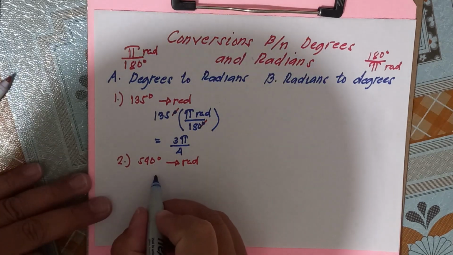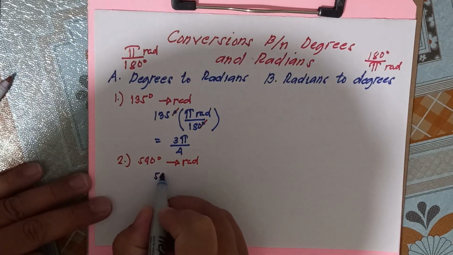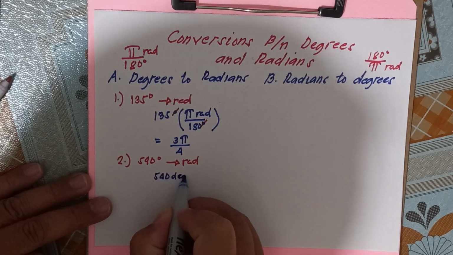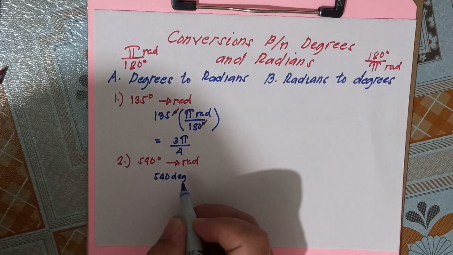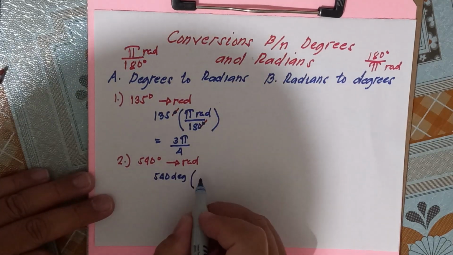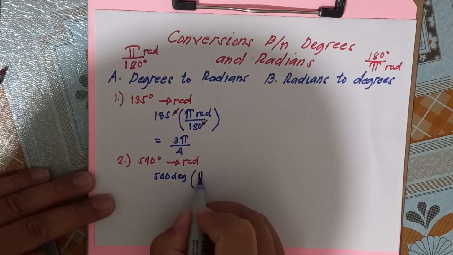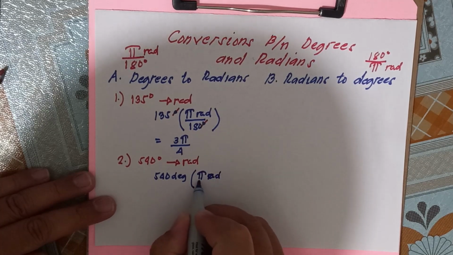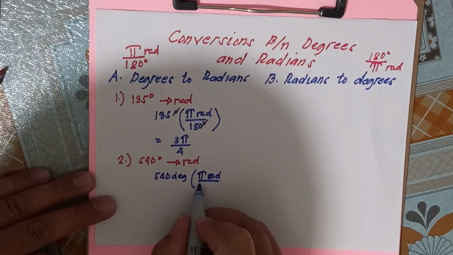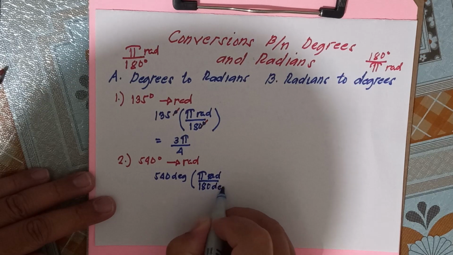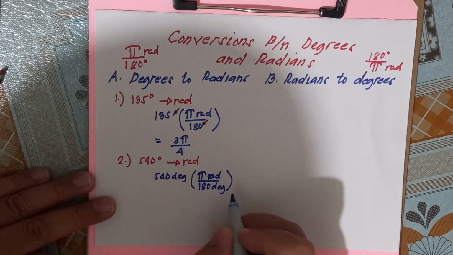We say 540 degrees multiplied by pi rad over 180 degrees.